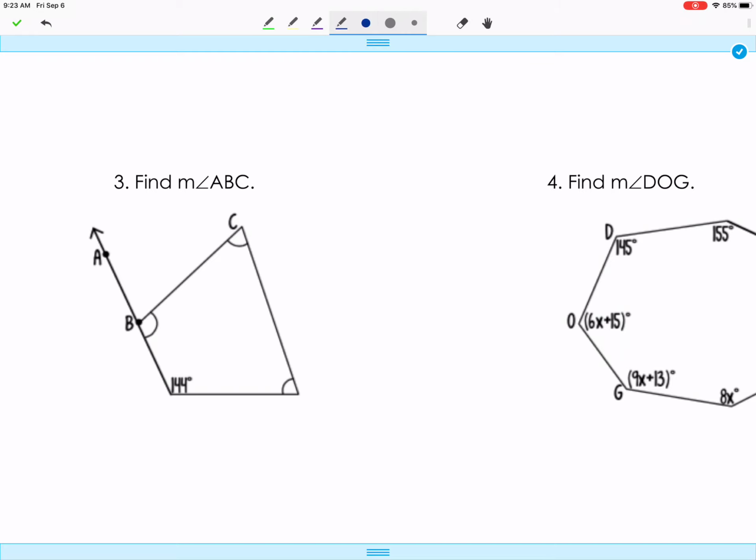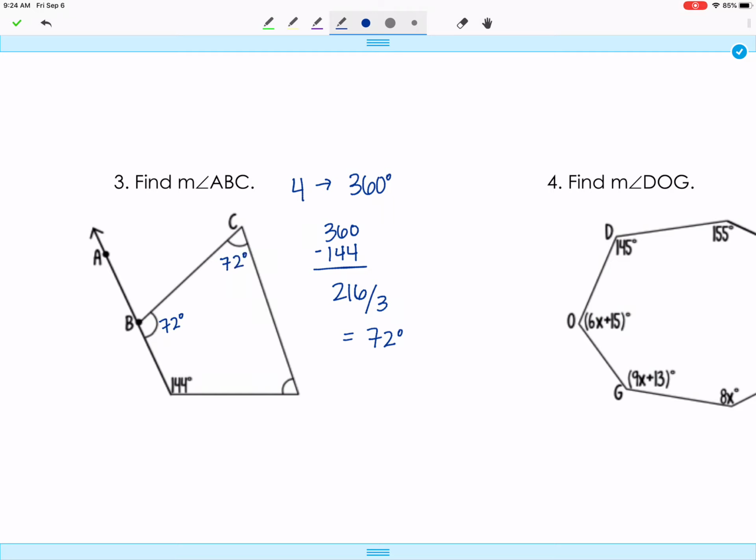All right, so inside the 4-sided figure, my total is 4 minus 2 times 180. That's 360. So if I already have 144, then if we take that out, we're left with 216 degrees. And if we divide 216 by 3, then each of those angles is going to be 72.